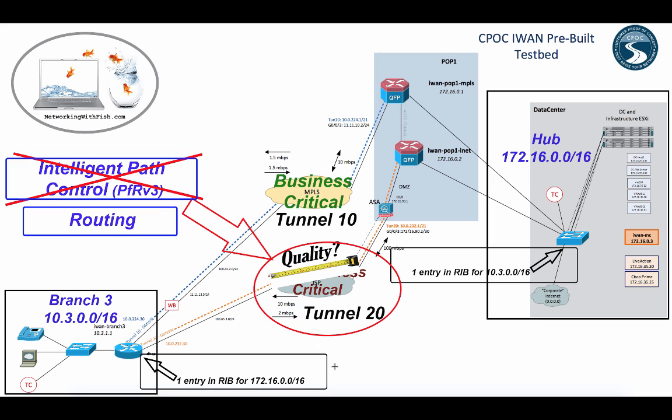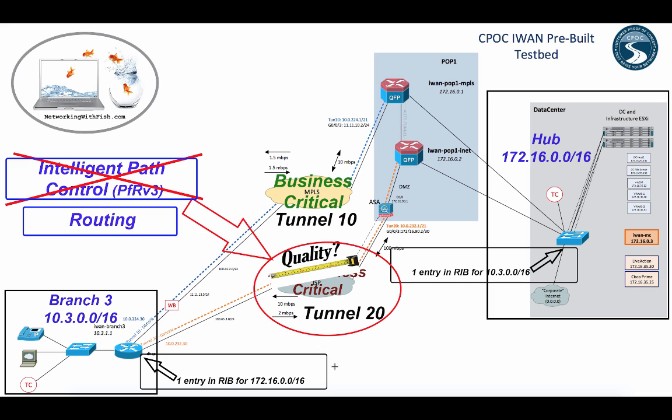So really what I'm finding a lot of people want to do is, if something happens with the Intelligent Path Control, you want to fall back to your MPLS service provider, you're tried, you're true, you're tested, where you have tight SLAs and you are still paying for those. So you fall back to whatever is in the rib.